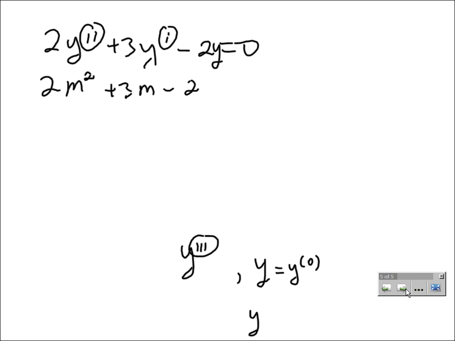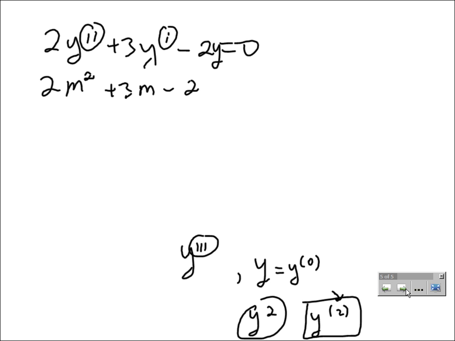Now just for the record, y squared and that are different. This means y times y. So when you put the power in brackets, it usually means derivative.